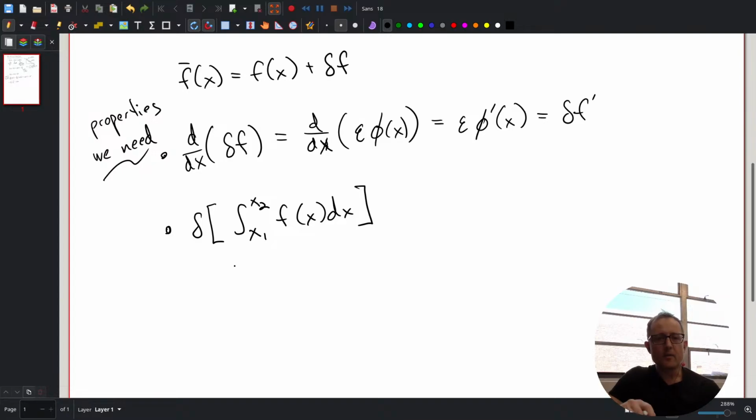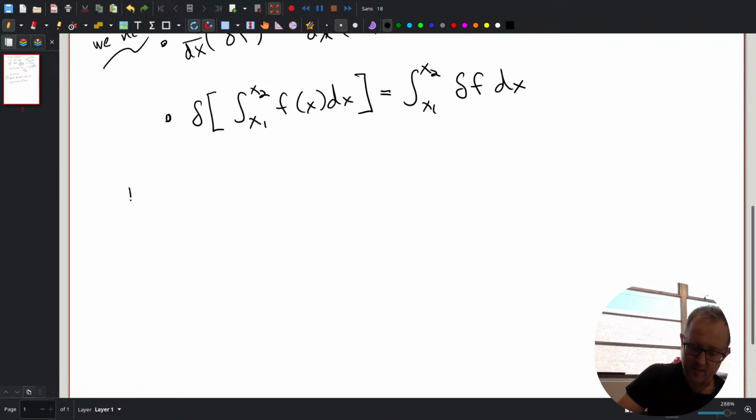What happens when there's a small change to this total integral is the same thing as the integral from x1 to x2 of delta f dx. So I can bring that delta in and out of the integral. That's true because it's differentiable like this. We said from the beginning that we can differentiate it just like that.